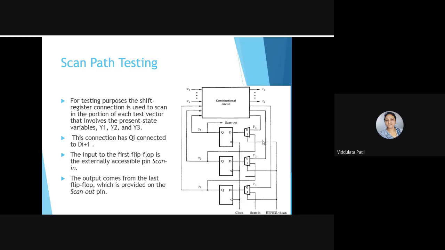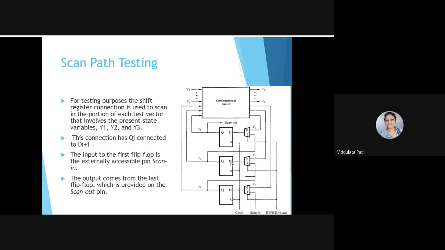At that time this will be inactive. That means whatever is present at the zero input of this multiplexer will be present at the D flip-flop, and this will take 3 clock cycles.